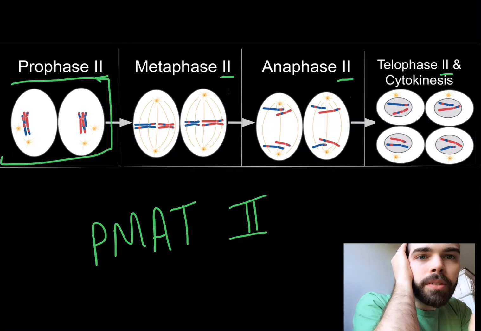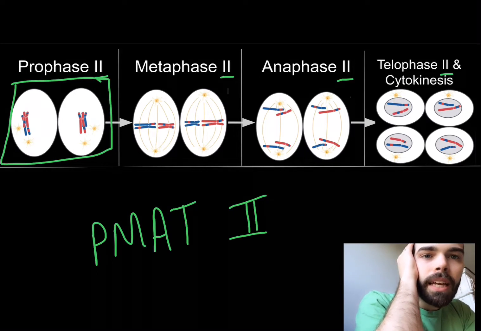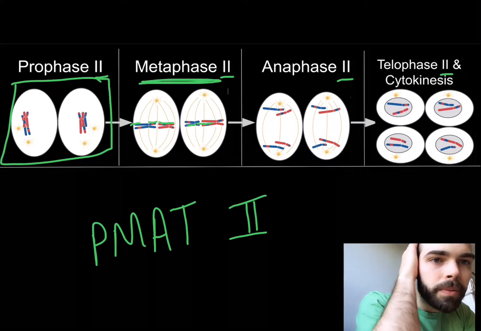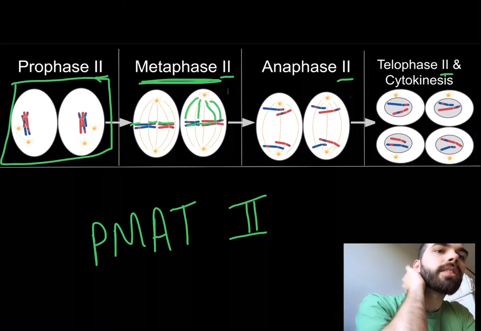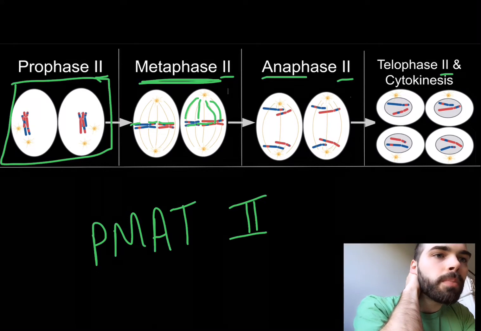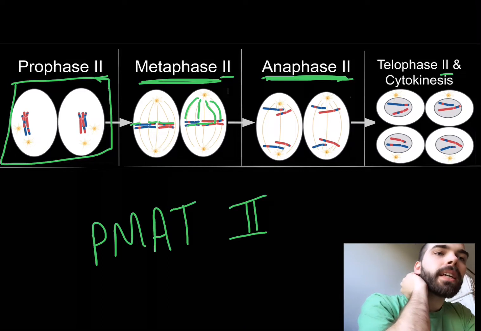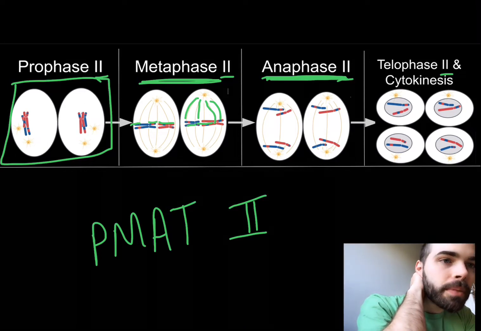You have 2 new cells here in prophase 2, and those chromosomes are going to move to the center of the cell in metaphase. M is for middle. The spindle fibers attach. That's these little, they look like strings, and then those spindle fibers are going to pull the chromatids apart. So in anaphase, it is chromatids that are getting separated.